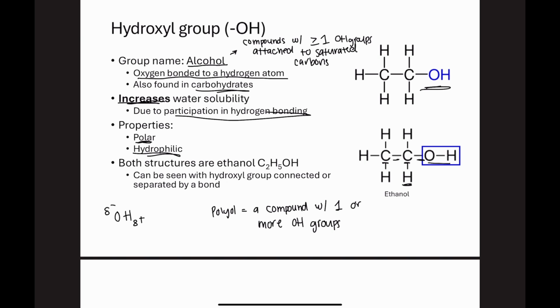So water molecules are also able to form hydrogen bonds, and they're also polar. And what happens when we have a water molecule like this around a hydroxyl group is that the hydroxyl group and the water molecule can bond in two different ways.